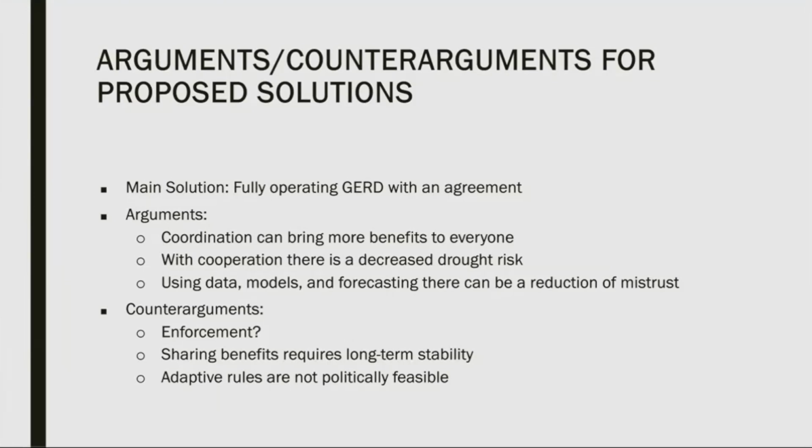And a critique of the adaptive rules is just that they're not really politically feasible. It's difficult for leadership to get people to support these types of agreements because they're really not that stable unless there are rules to enforce it, and that enforcement just isn't viable in this situation.